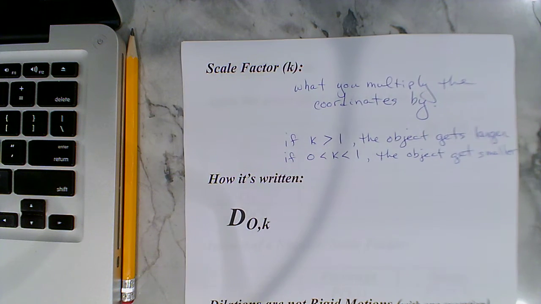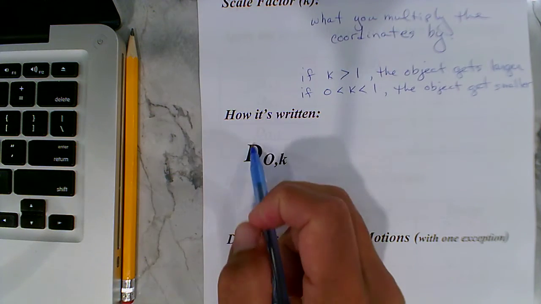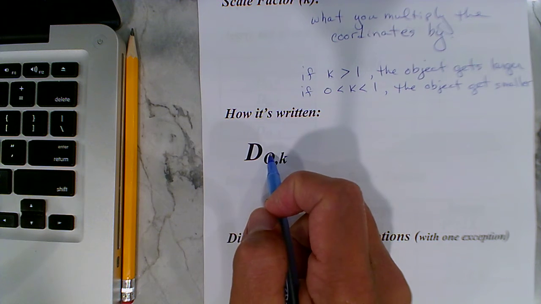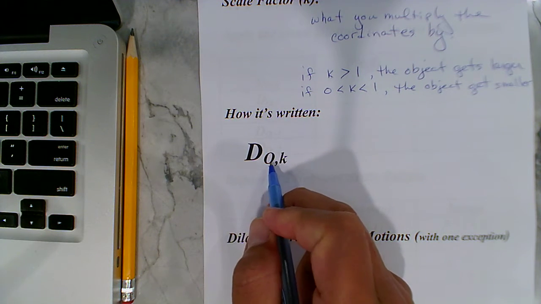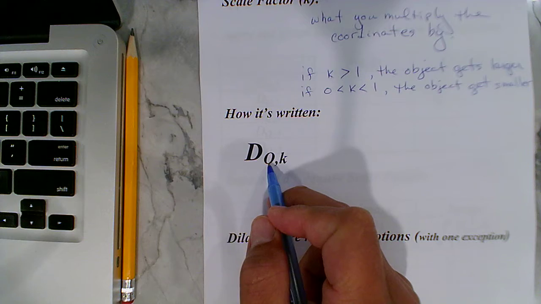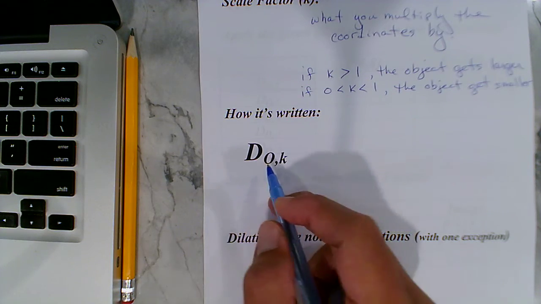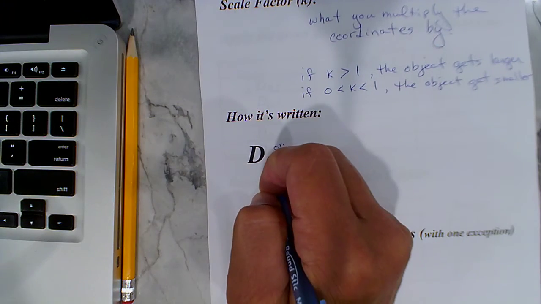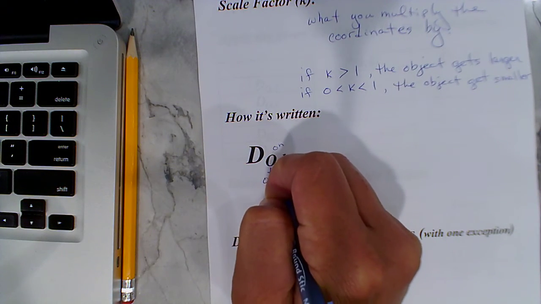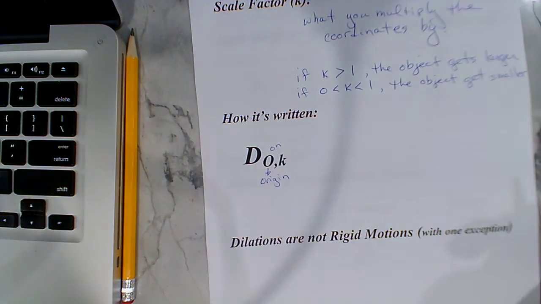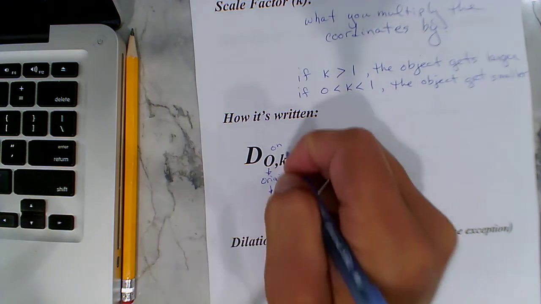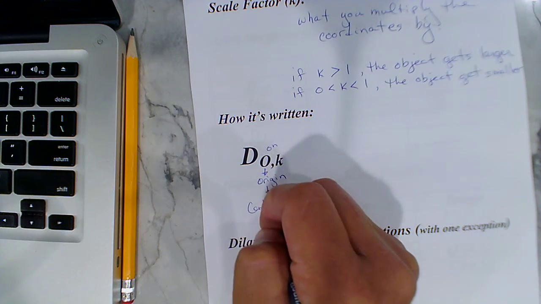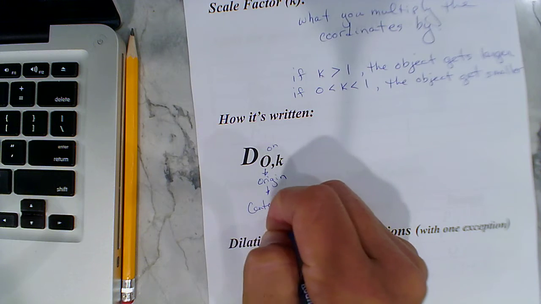Now, how it's going to be written. Capital D. We can't really deny that that looks like a 0, but it's not. This is an O, really O for origin, because in this case, this is my center of dilation.